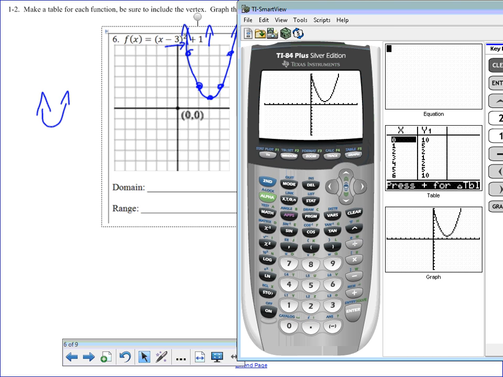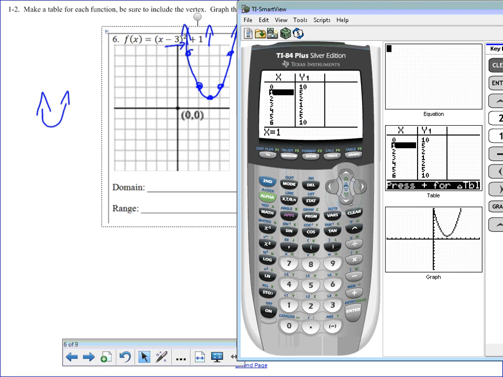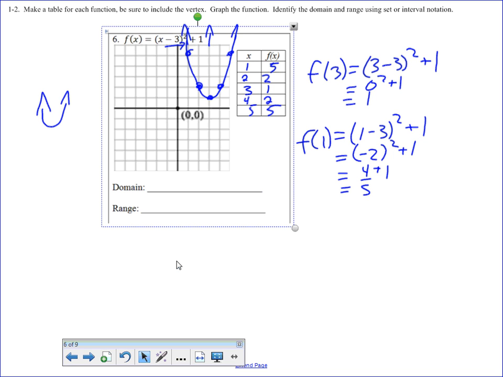But the key for this is to then go to the table of values. And there we can see our values. 1, 5, 2, 2, 3, 1, 4, 2, 5, 5, which are exactly the values I got. And so if you use the calculator and you use the part of the graph that says table, then you can have the calculator construct the table for you. We'll come back to that on the next problem.